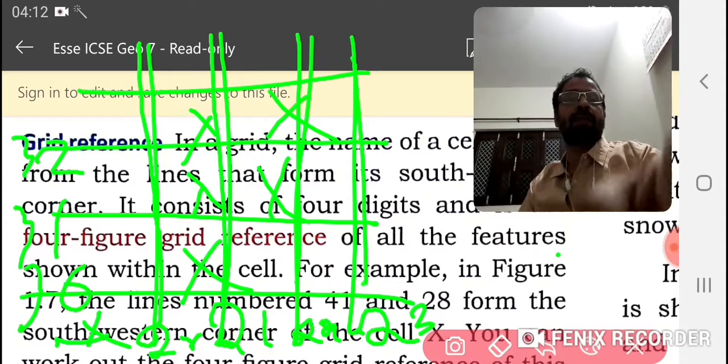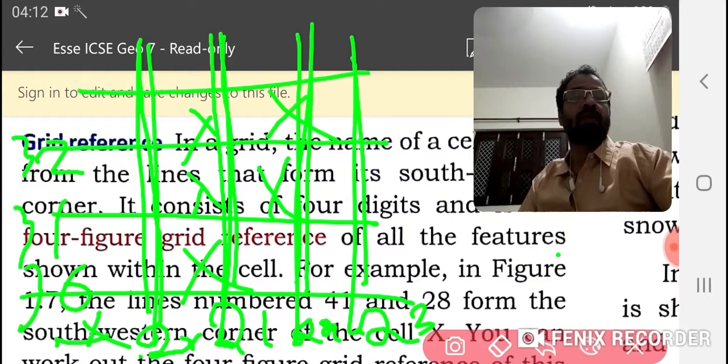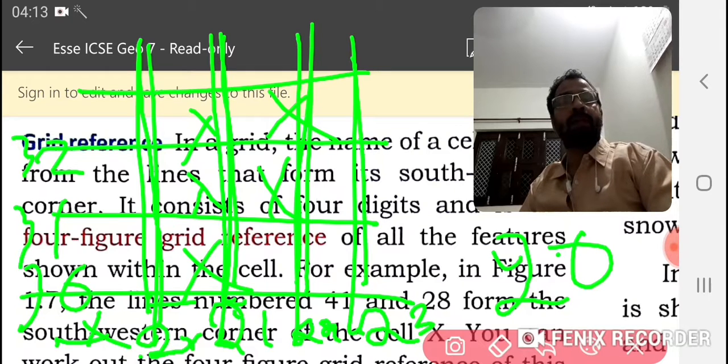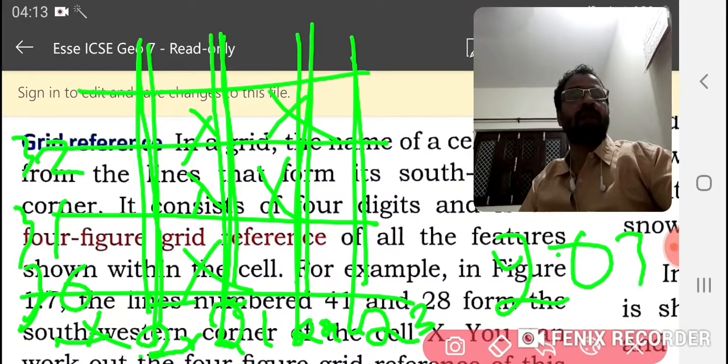These are west side first line, then a little more east, and what about this? First number is 20. So let us mark that first number 20 here, and 20 from here to here. And now let us go to another number, 30, this first line. After 20 we have to write 30.